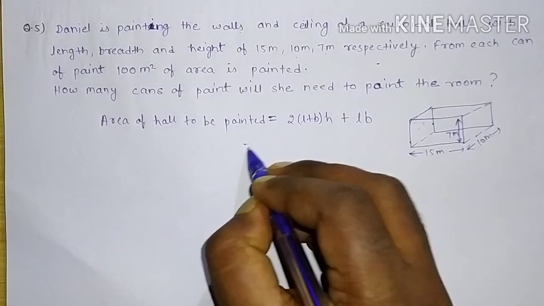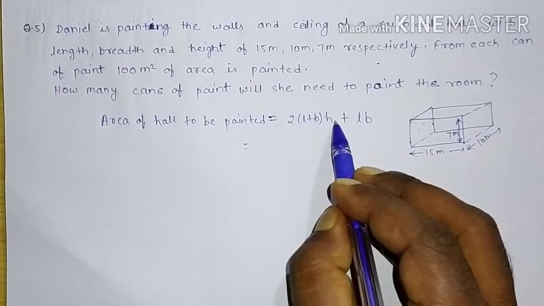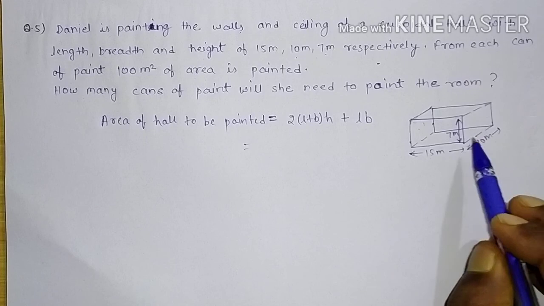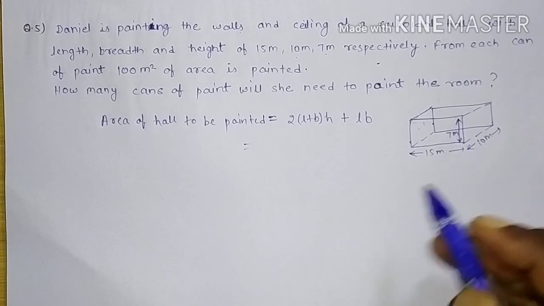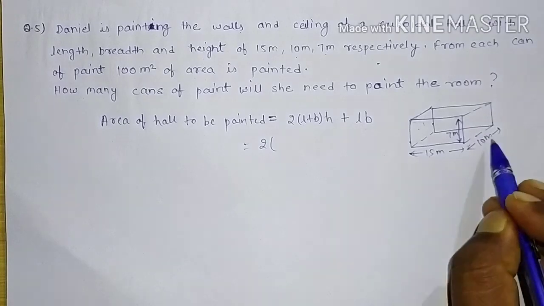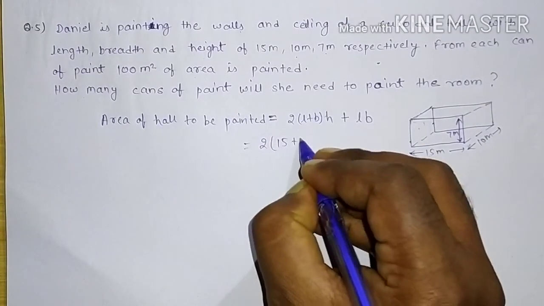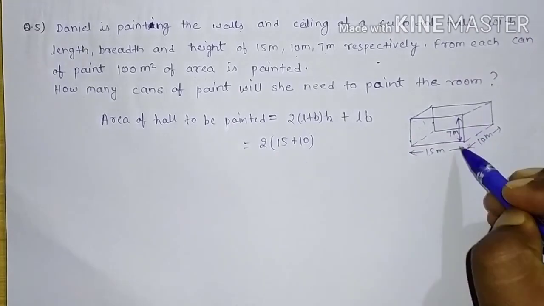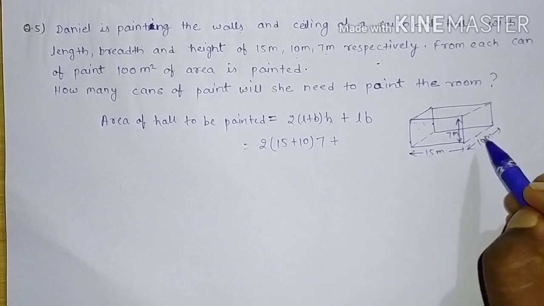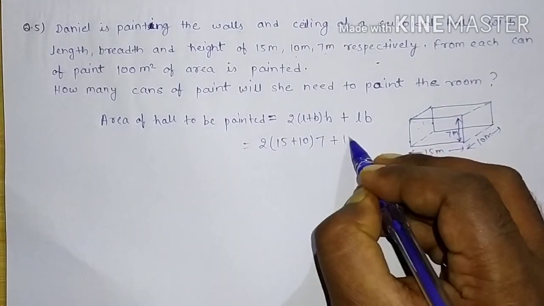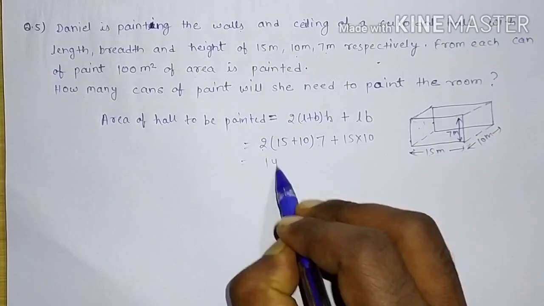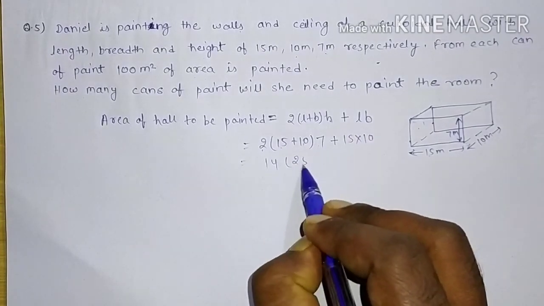Now just put the values of L, B, H. L equals 15, B equals 10 and H equals 7 meter. So twice (L plus B), that is 15 plus 10, and H is 7 meter, plus L into B, L is 15 and B is 10. 2 times 7 is 14. 15 plus 10 is 25.